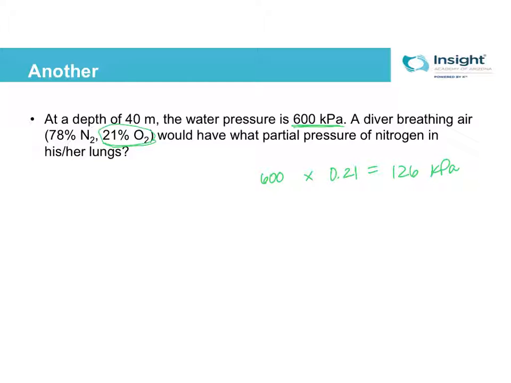And we were supposed to answer for nitrogen, so same idea. You're just going to take that 600 and multiply it by 0.78 because it's 78%. So that's going to be your O2 and that's going to be your N2.